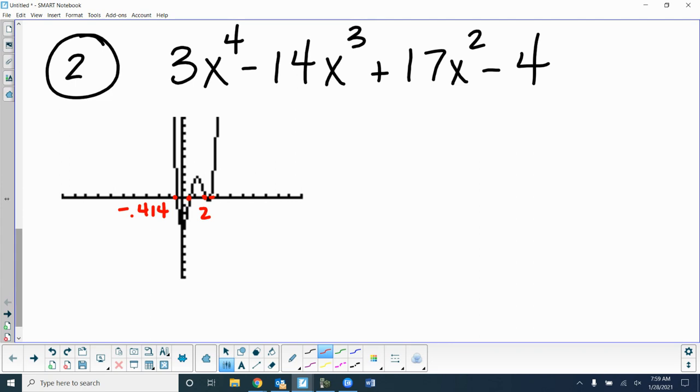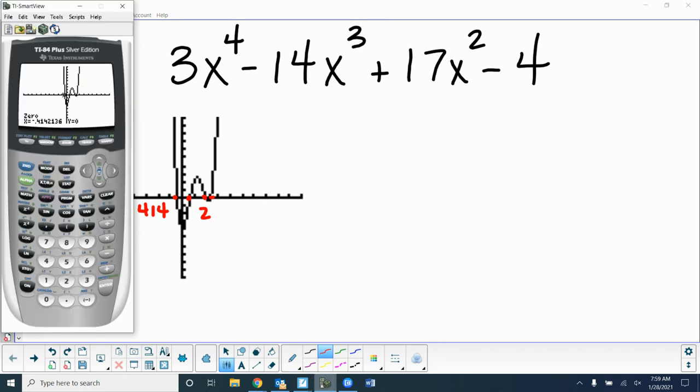I think that's what it is. And then this one, do the same thing. Just hit second trace again. 2 for 0. And to be left of it, you got to be below it. All right, so I'm below it. I'm going to hit enter. And then right of it, I'm going to hit enter. And then the guess.